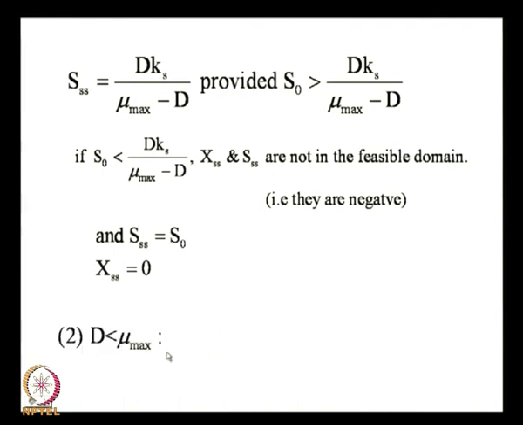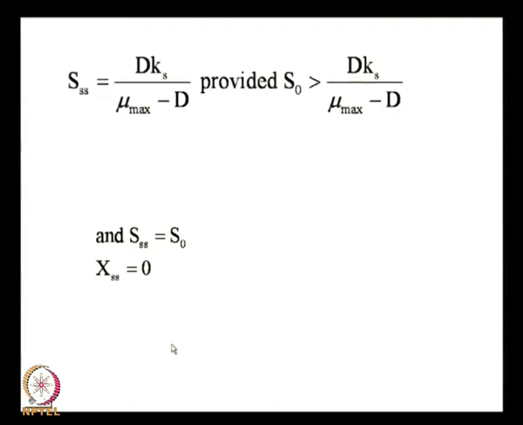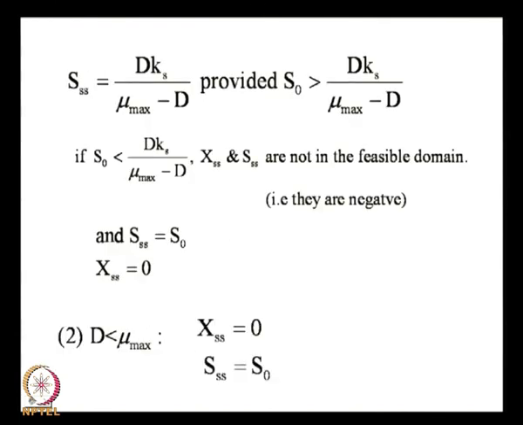And the second regime is the case of XSS equals 0 and SSS equals S naught. What this means is that nothing is happening in the reactor. So, which means that you start with cells.